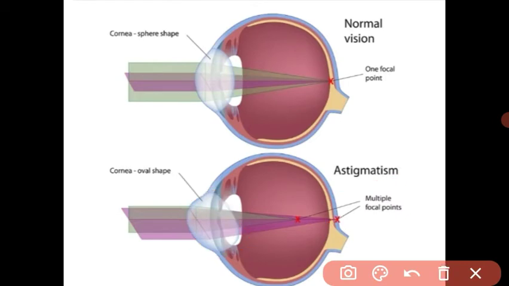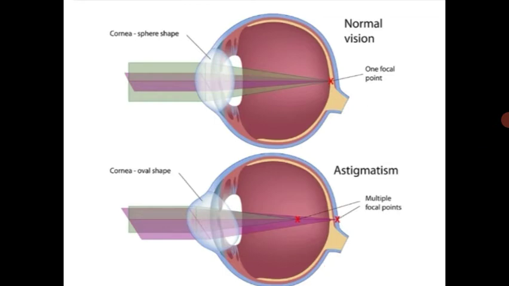Some images form in front of the retina, some images are formed behind the retina. Multiple focal points arise in that defect, so the person cannot see the object clearly. And how is it corrected? By using the cylindrical lens, astigmatism is corrected. Understood?